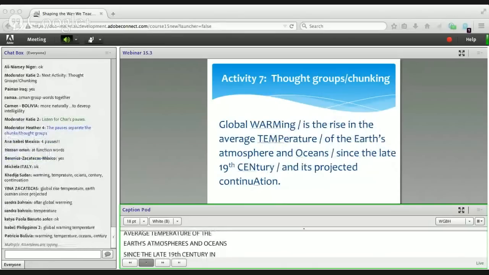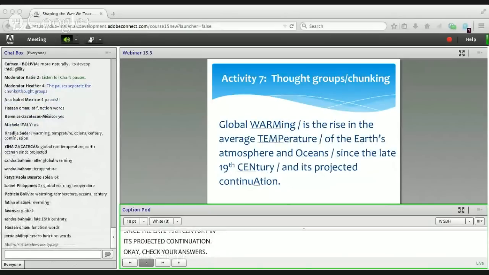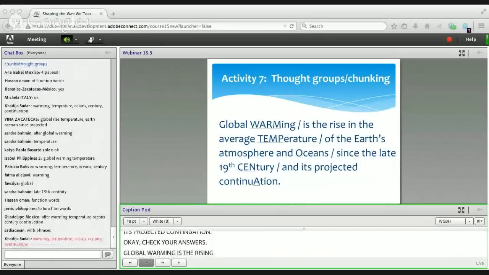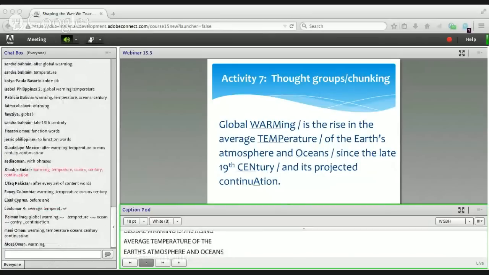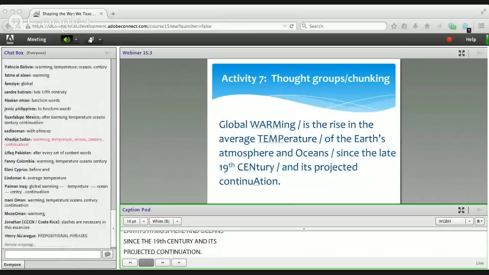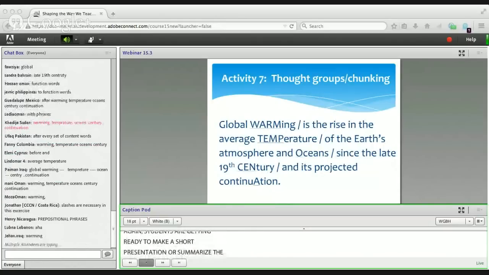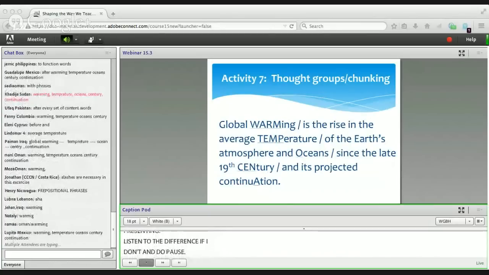Global warming is the rise in average temperature of the Earth's atmosphere and oceans since the late 19th century and its projected continuation. Okay, and again, students are getting ready to make a short presentation or summarize a paragraph or something, or definitely if they're presenting, listen to the difference if I don't pause and if I do pause. Global warming is the rise of average temperature of the Earth's atmosphere and oceans since the late 19th century and its projected continuation.